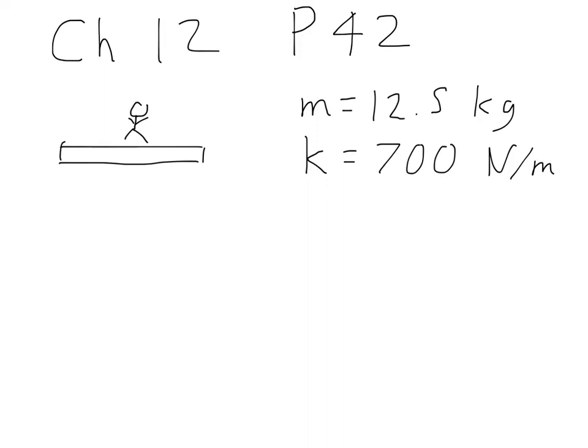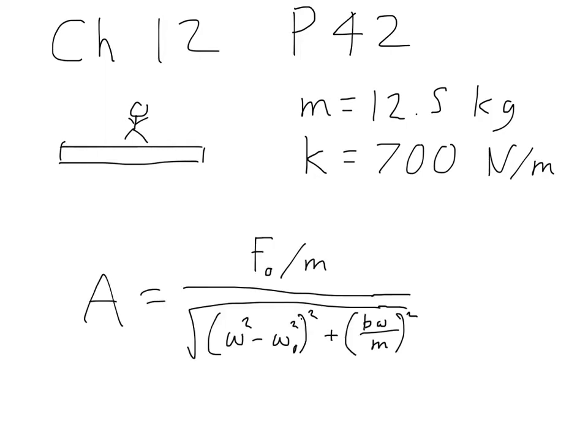So the first thing is we have to realize that if we're doing a forced oscillation, what describes the amplitude of a forced oscillator? Now we've learned that the amplitude itself is given by this expression, which of course looks quite scary and messy, but here's what we know. We know the mass of the baby, we know the spring constant we're given for our system here.